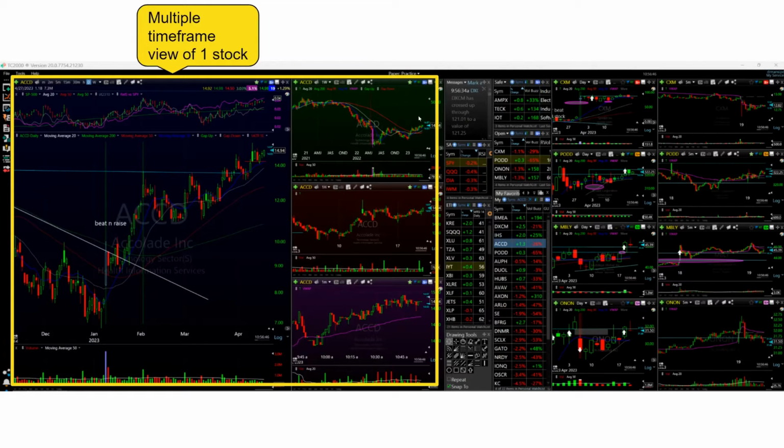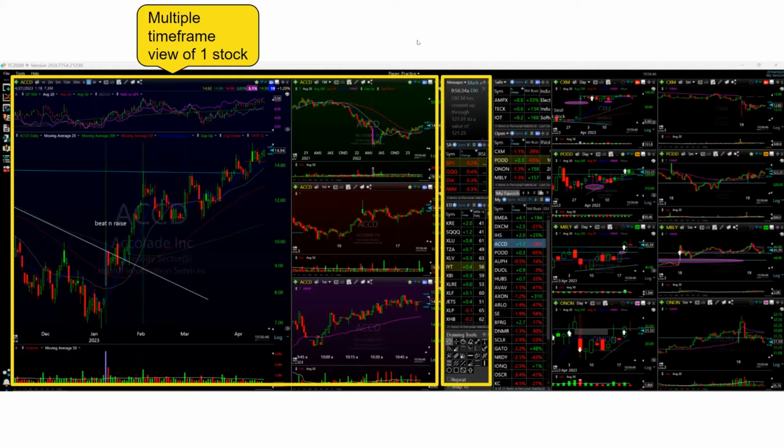For example, in this case, I had ACCD or Accolade activated, and here I can see the daily chart for Accolade, the weekly chart, the hourly chart, and the 5-minute or the 1-minute chart. So this is just a multi-time frame view of the same one stock.